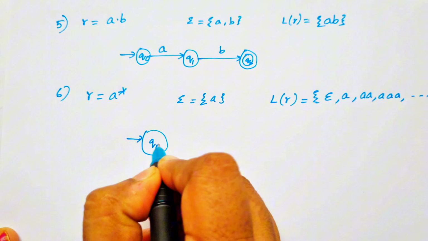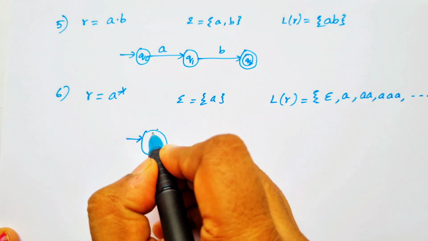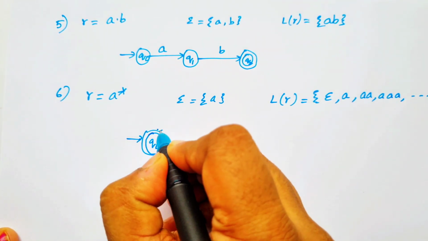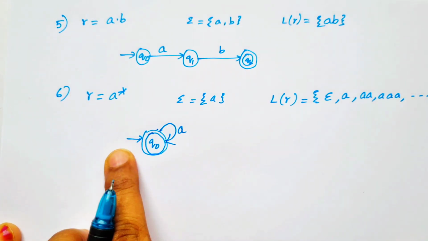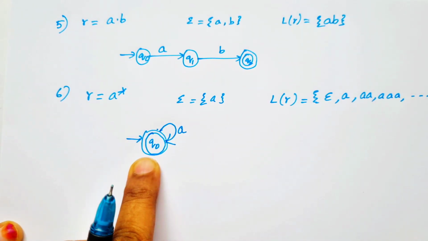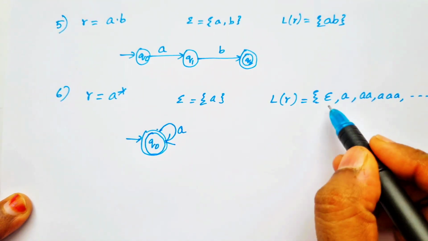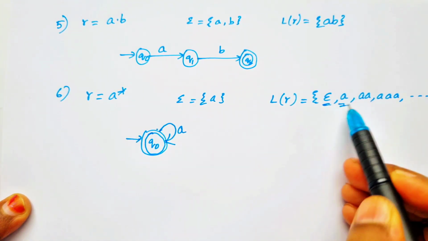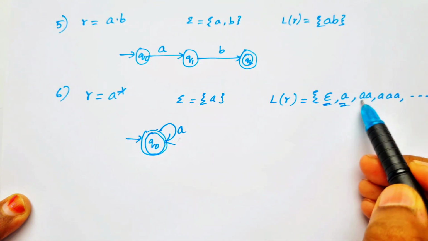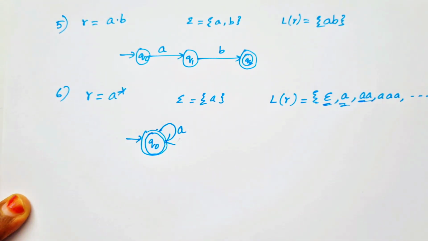Let us take an initial state, and this will become the final state also, with a loop on A. See, if you are directly at the final state, the string is epsilon. If you are moving one time, it is A. If you are moving two times, it is AA. If you are moving three times, it is triple A, like that.